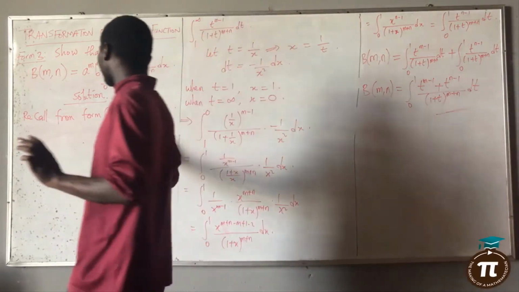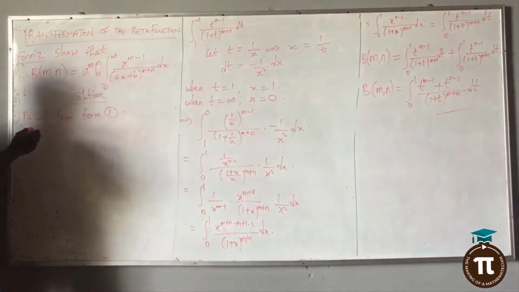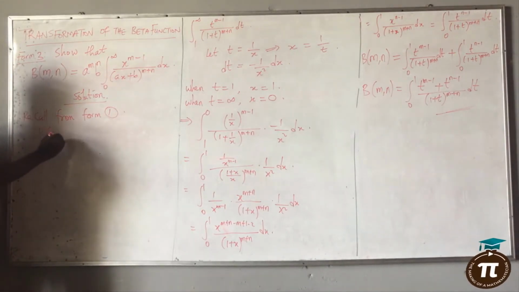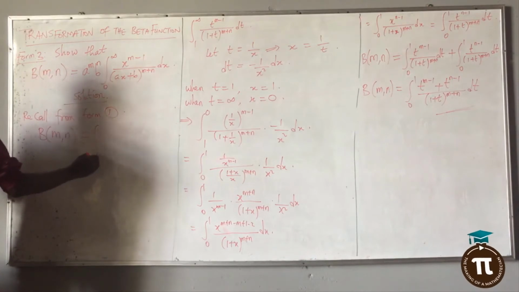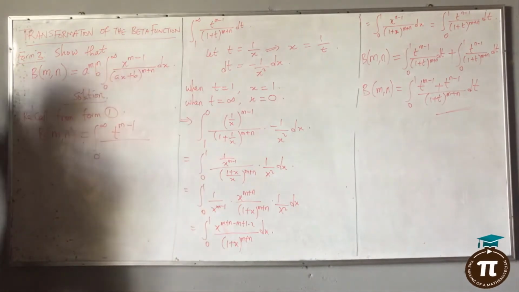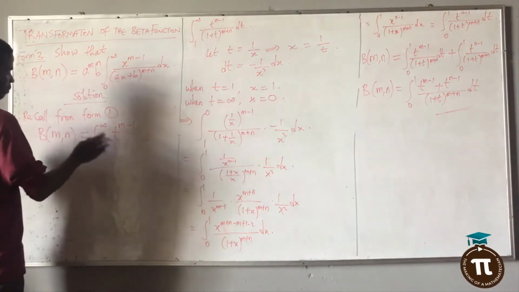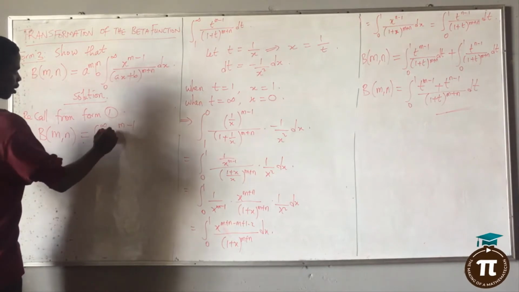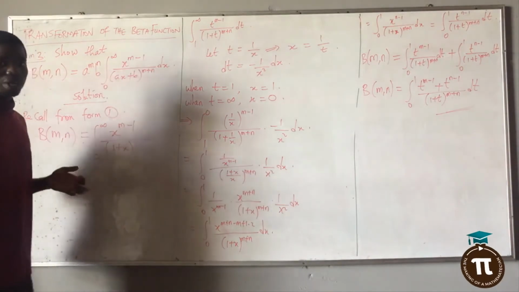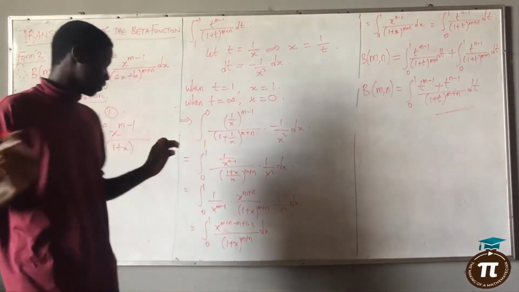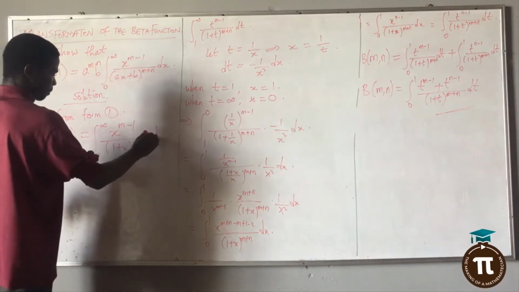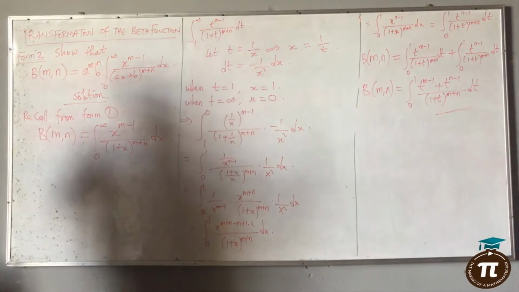So what does form 1 say? Form 1 says that the beta function of m comma n is equal to the integral from 0 to infinity of x raised to the power of m minus 1 all over 1 plus x raised to the power of m plus n dx. Whichever variable I'm using is fine.